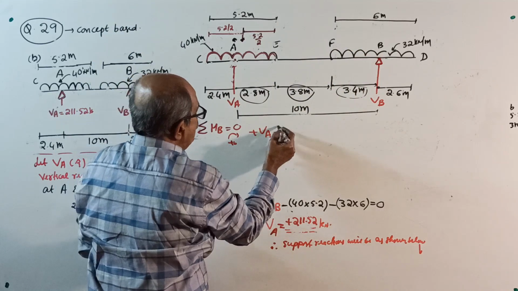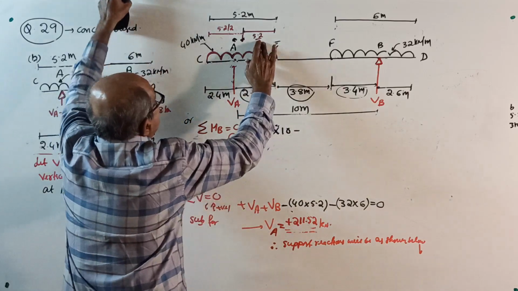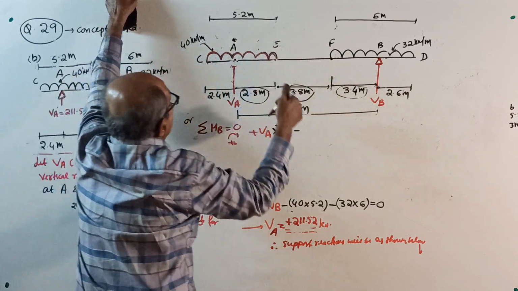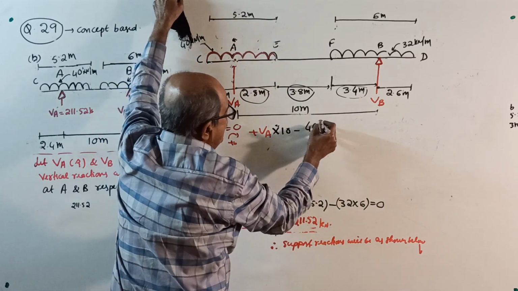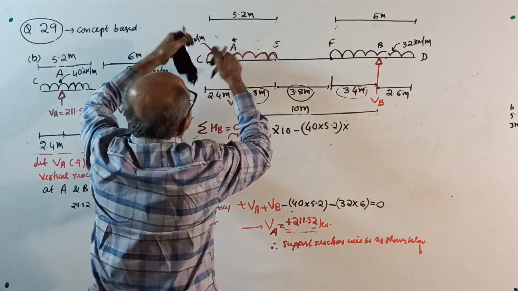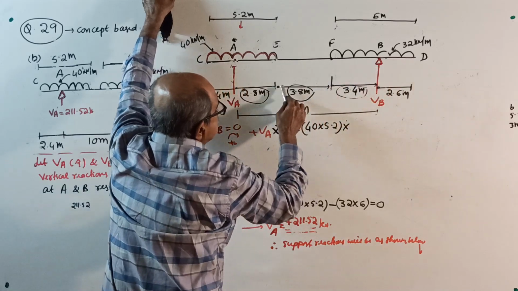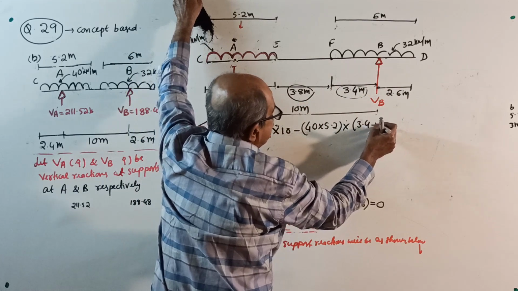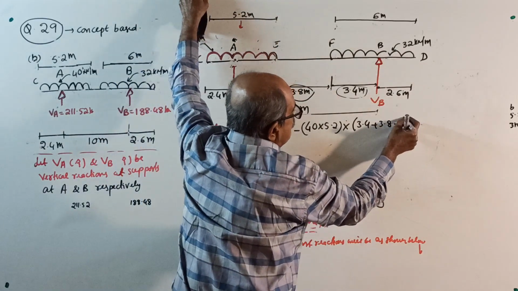If you take moment about B, start: plus VA into 10, minus 40 into 5.2, the total load, into, it will pass through the center of 5.2, so 3.4 plus 3.8 plus half of 5.2.